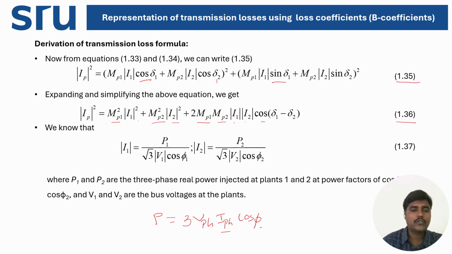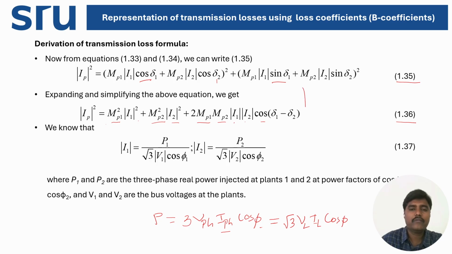The same thing can also be expressed in line values. So when you want to express in line values, it will change to root 3 VL into IL into cos phi. Of course, the relation between phase voltage and line voltage, and between phase current and line current, depends on the configuration of our three-phase network.